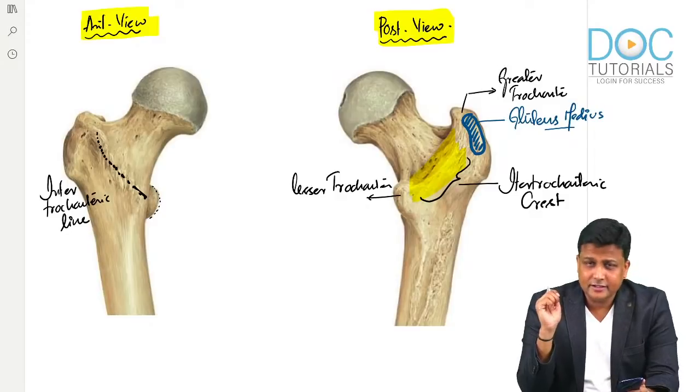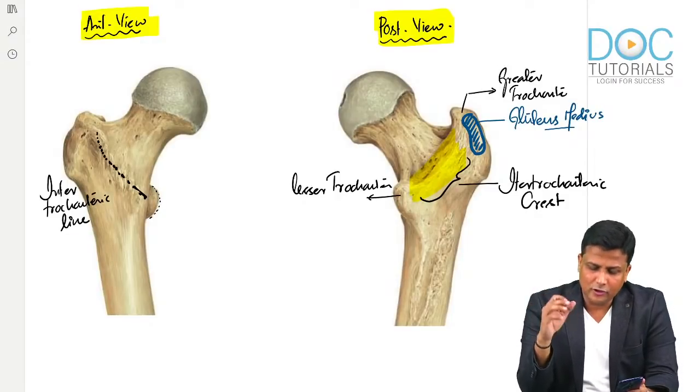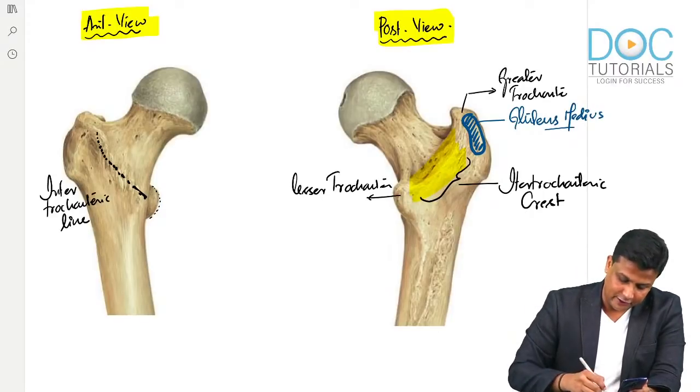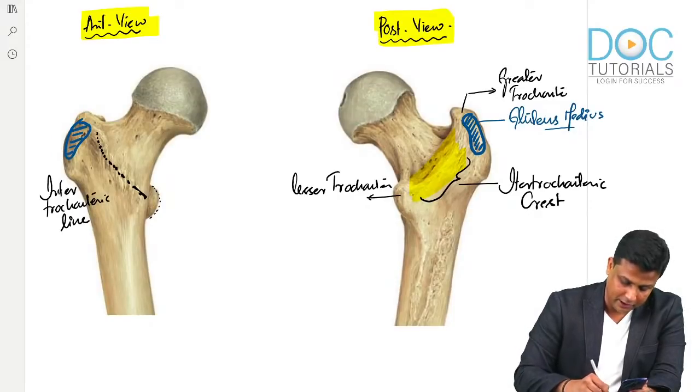That is gluteus medius, and then where will be the gluteus minimus? That will also be on the greater trochanter only, inserting on the greater trochanter only, but that is more anterior, guys. So let me show you on the other view here. Yes, here. So that is the gluteus minimus.